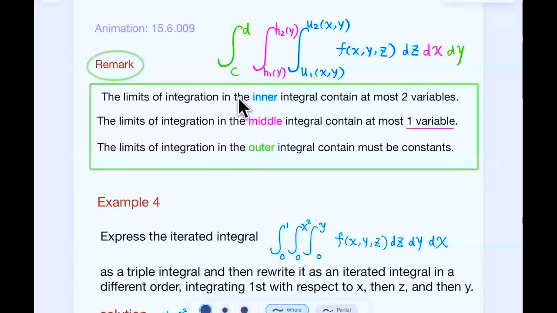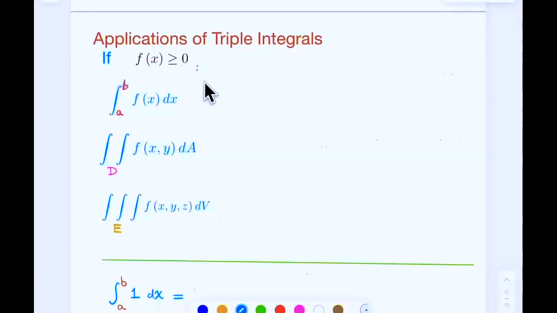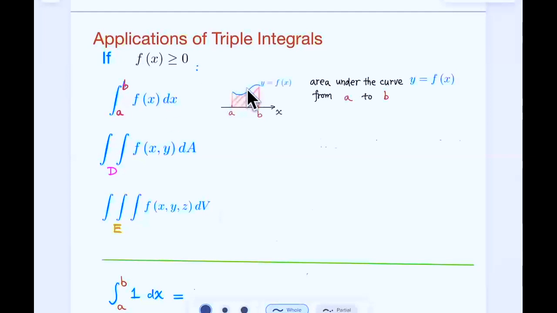Okay. Now, applications of the triple integral. Remember, for a positive function, the single integral of the function from a to b, what does it represent? It represents the area under the curve, right? If it's a continuous function, that's the area under this curve from a to b. What about the double integral of this function over region D?